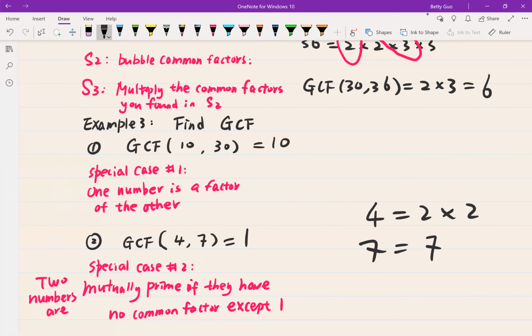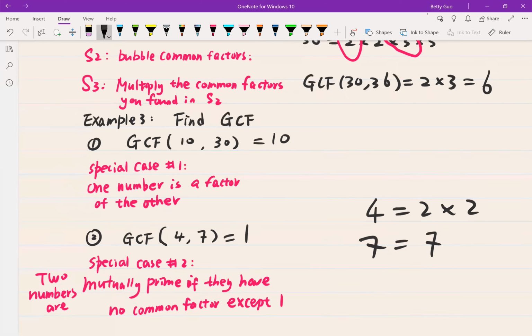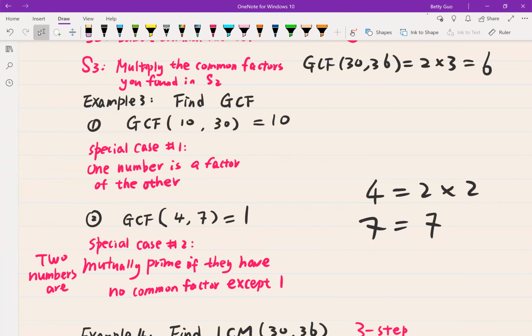The GCF of the two numbers is 1. I hope you can repeat this part of the video a few times to remember special case number 1 and special case number 2. It works very well. It would be very useful for you in finding the GCF for two given quantities.